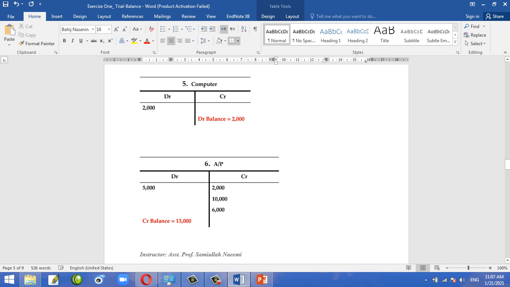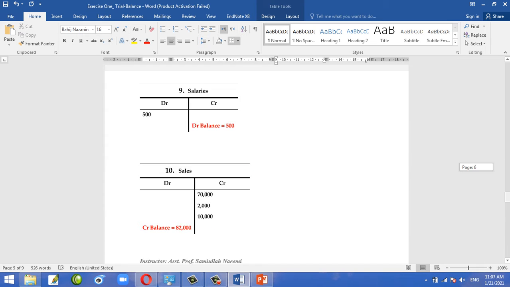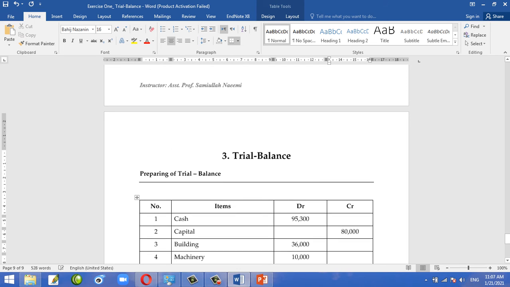So there should be 13,000 on the credit side. That's account payable, 13,000.